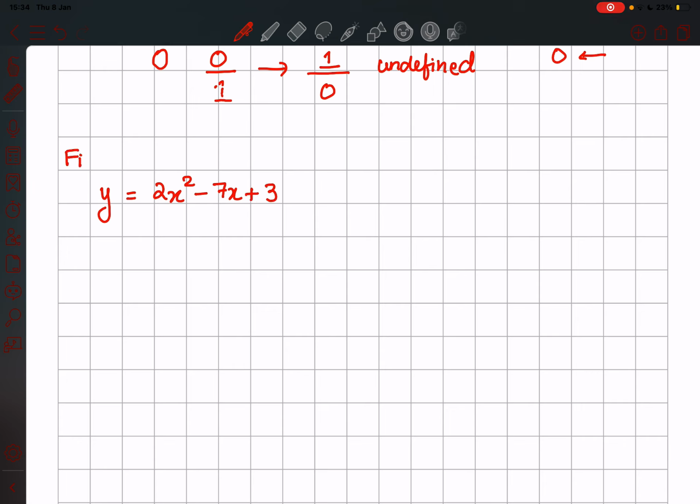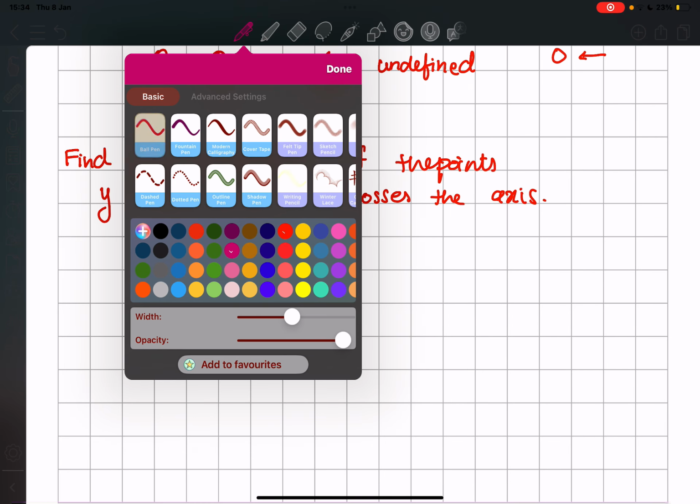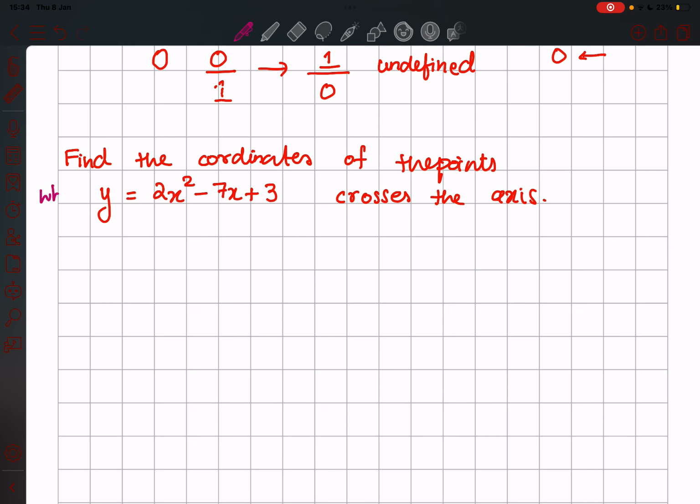So we want to find the coordinates of the points where the curve crosses each axis, meaning the y-axis and the x-axis. So we want to know, where does this curve cross the x-axis and the y-axis?